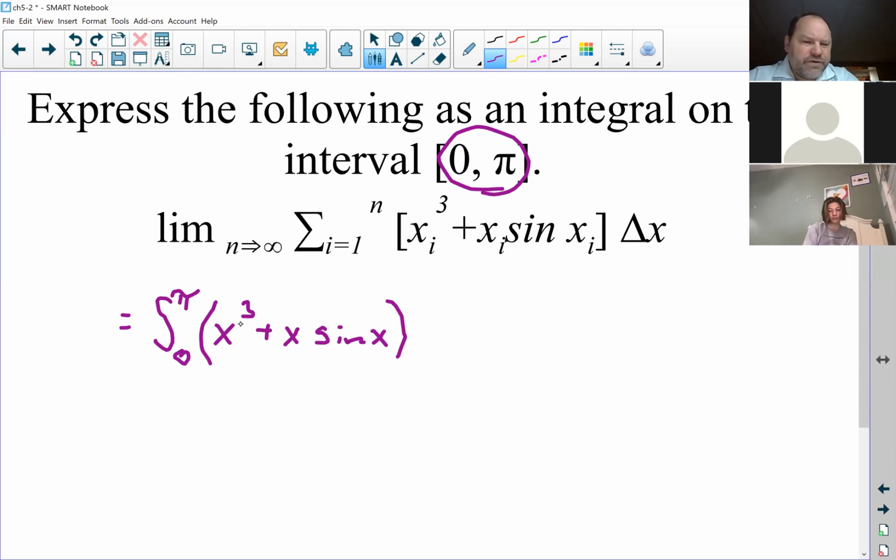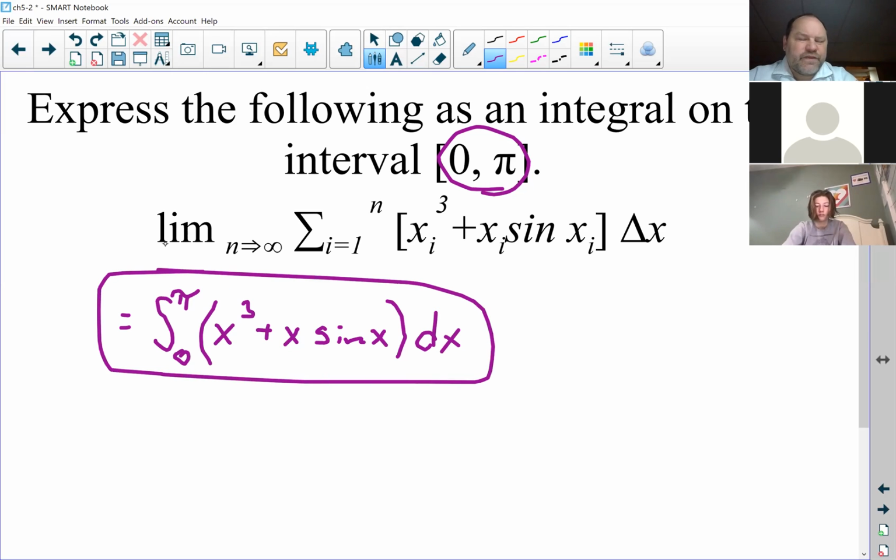And we should, just to be very specific, put that in parentheses because we're taking the integral of that whole function. And our delta x becomes a dx. That is the way we would write the expression for the given sum as an integral. Yay, we can write integrals now.